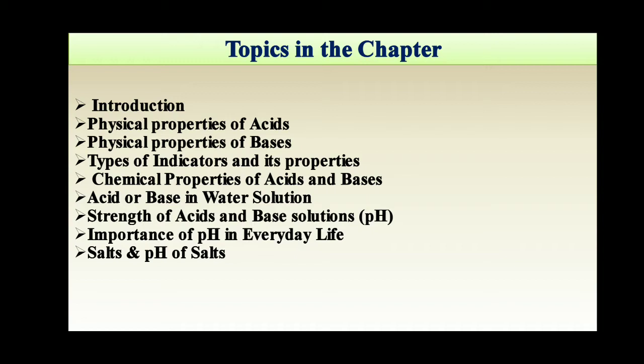The next one, strength of acids, that means the pH of acids and bases, the quality of being strong or weak. The next one, importance of the strength of acids, that means the importance of pH in everyday life. And the last topic, that is salts, the pH of salts and the different uses of salts.